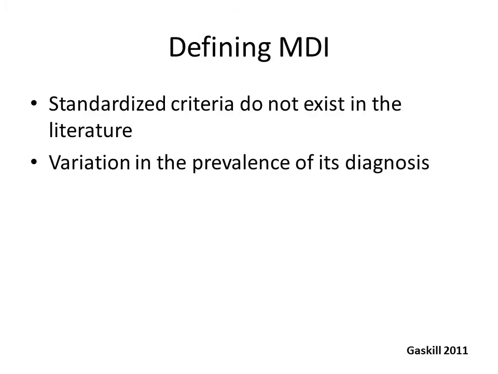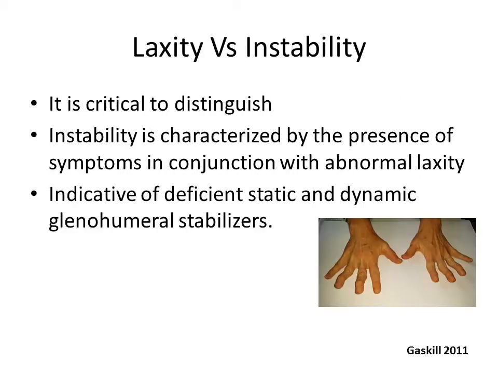Defining multidirectional instability is difficult. Standardized criteria do not exist in the literature, which results in variations in the prevalence of its diagnosis. We have to differentiate between joint laxity versus instability.